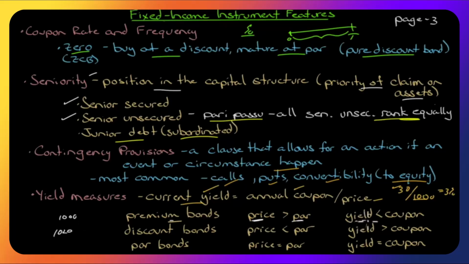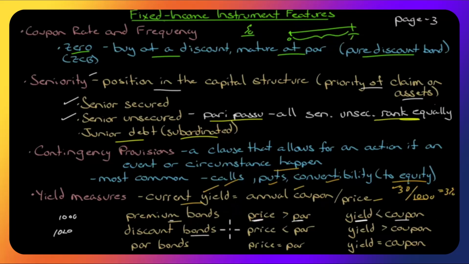It's because the market yield that is required is less than the coupon it pays. Maybe it was issued when interest rates were really high and it was issued with a very high coupon, but interest rates have dropped. But it has this really big fat coupon, more than what you can get anywhere else. And you'd say, well, that's great. Well, everyone else will think it's great and it'll push the price of the bond higher than par so that it yields equally with other bonds at that point. So that's called a premium bond.